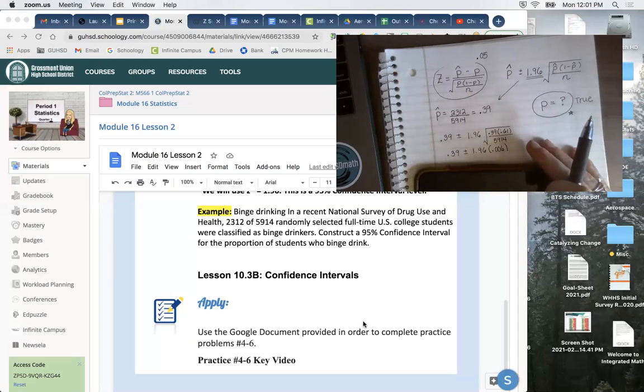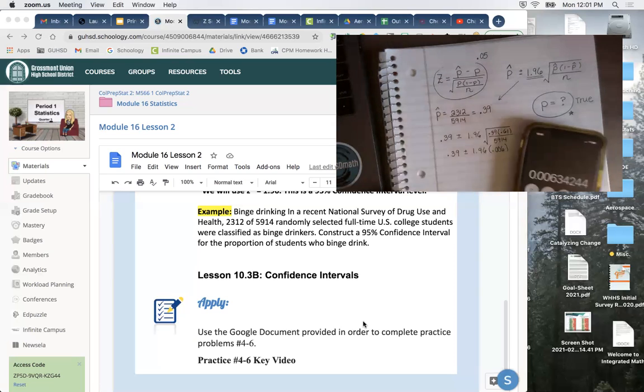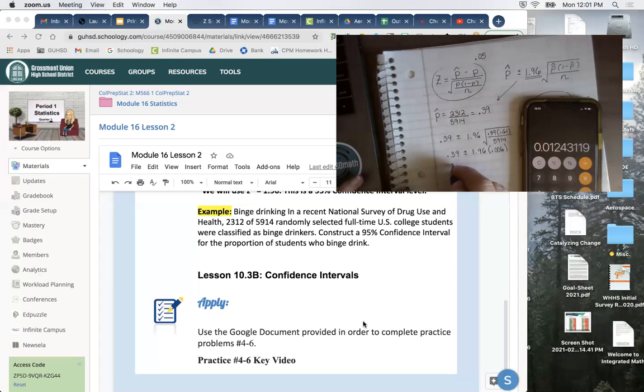Okay, so now I'm going to finish up the last little bit of math here. I take that 0.006 and multiply it times 1.96. That's going to be my 95% confidence level. And what I have is 0.39 plus or minus about 1%. It's a little bit more than that, but I'm just going to round it to 2 decimal places.